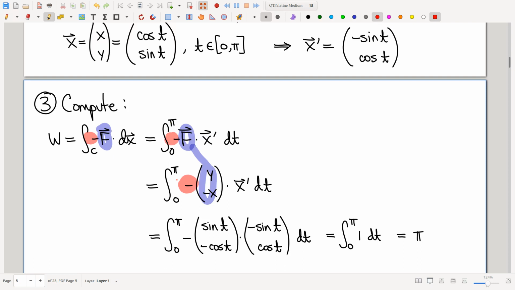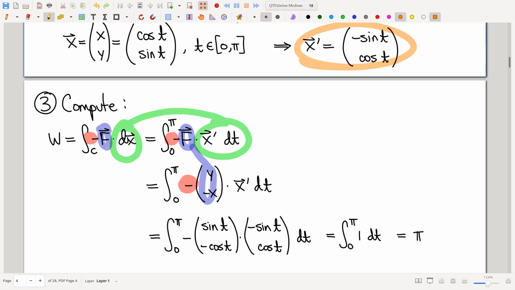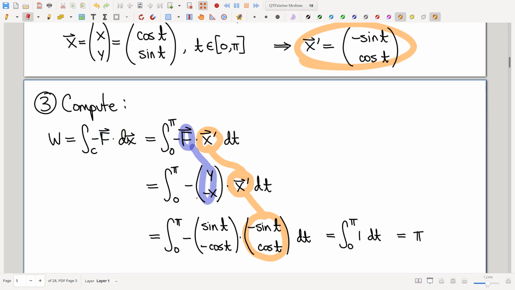We've got to keep that in there. dx is x prime dt, right? x prime we just computed right there. There is the little nasty business of how do we get rid of the x's and y's. Again, don't forget.